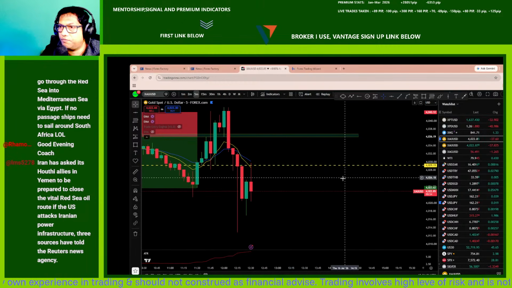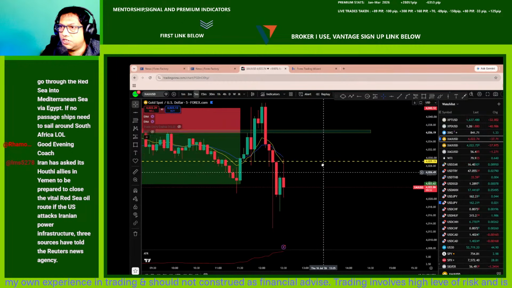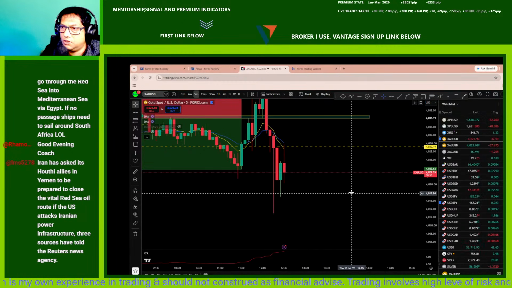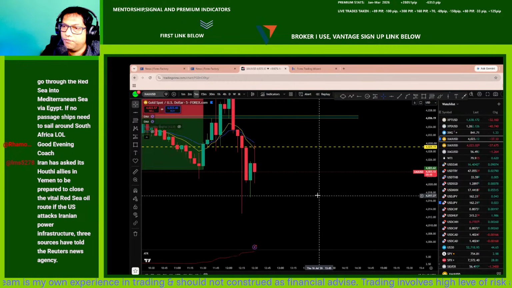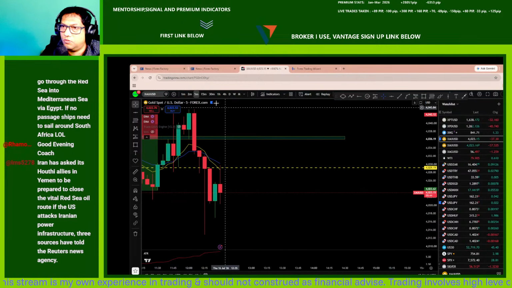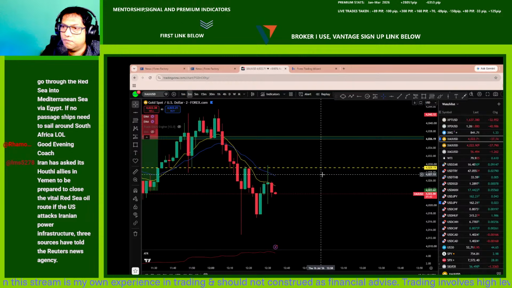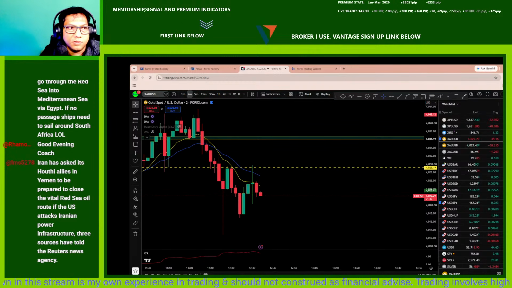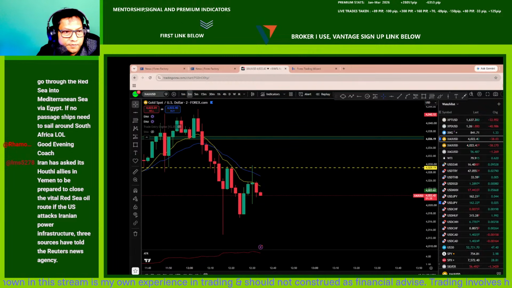But the OEC rejection also, it's here series of high and low. So we'll be waiting for a little more confirmation here along this area for any sell setup along this zone.